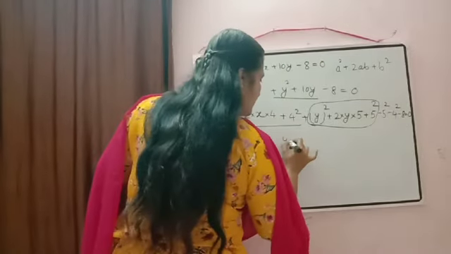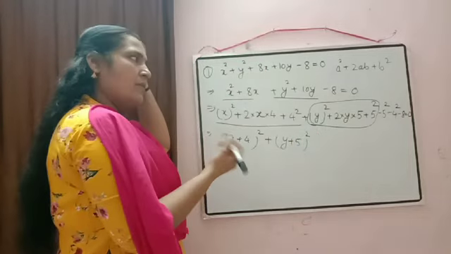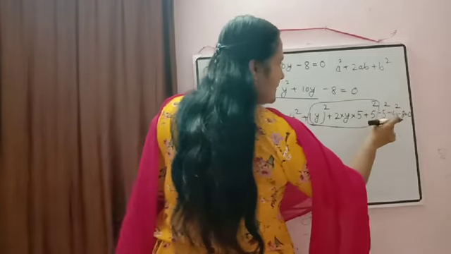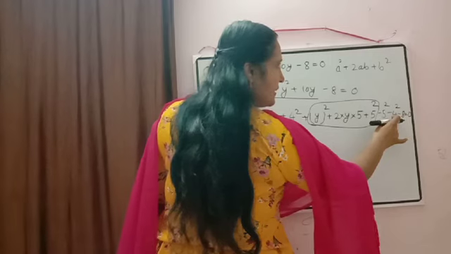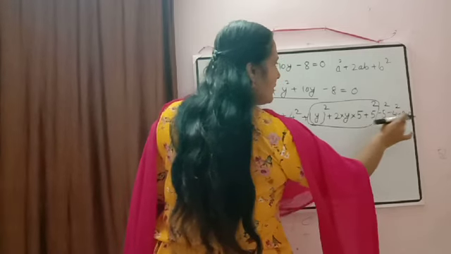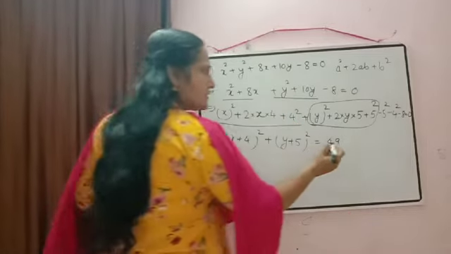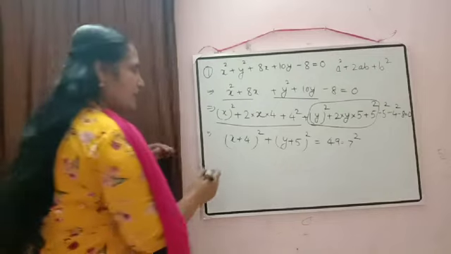So that is equal to y plus 5 the whole square. Now remaining what we can do? Remaining we can do the addition there. Again it will be equal to 25 plus 16, that will be equal to 41 minus 49. Minus 49 shifting to right hand side. And what is minus 49? 7 square.